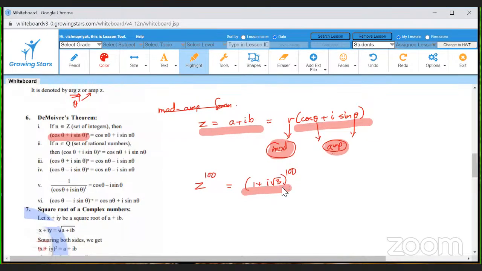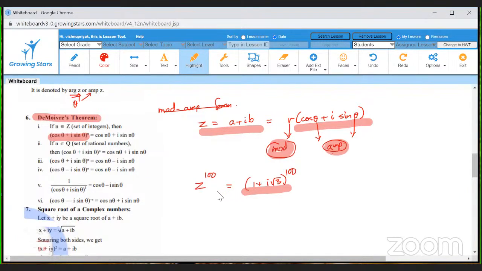To multiply it 100 times will be very difficult. Some of you might have learnt De Moivre's theorem in PU. Some of you may not have learnt it in PU. But why am I telling you about De Moivre's theorem? It is used as a shortcut method. Those who did not learn, try to understand now.